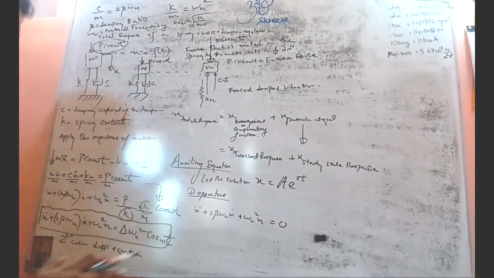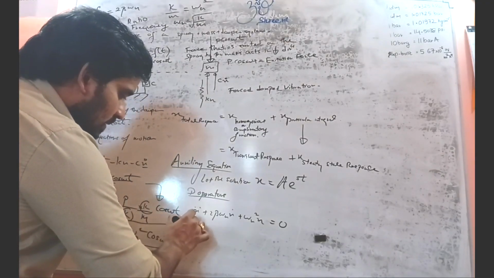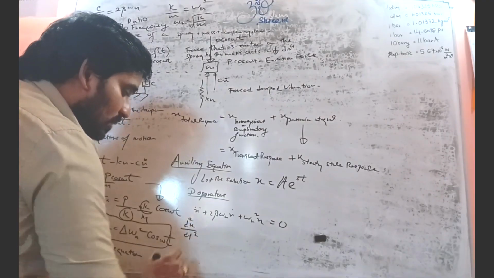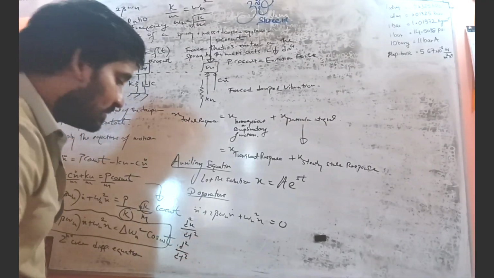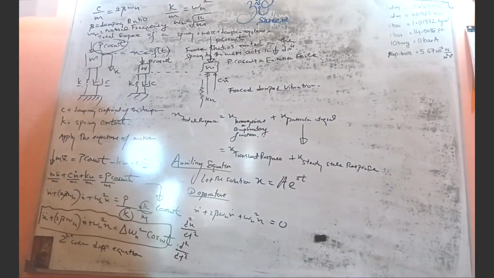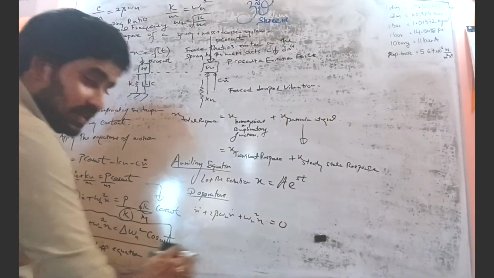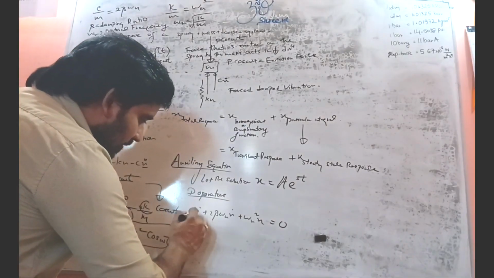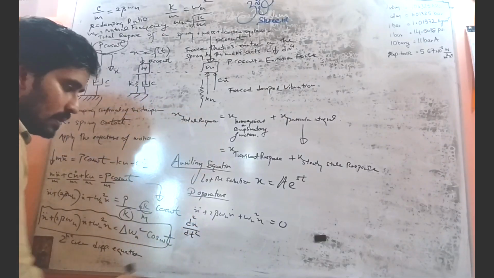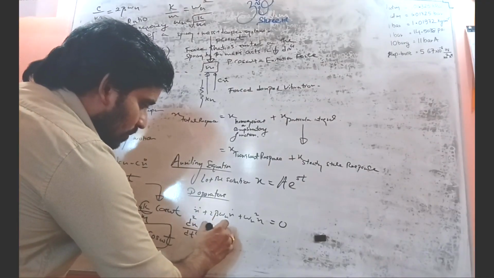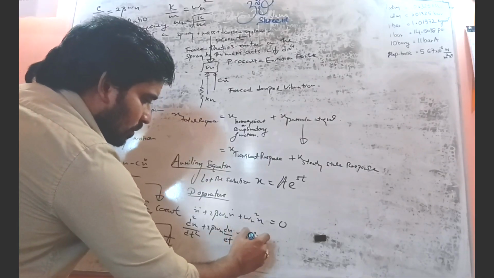The auxiliary equation. So what is x double dot? This is d2x by dt2, because this is an operator, d squared by dt squared. This is an operator you cannot separate. So now we can write this in this format, d2x divided by dt2, plus 2 beta omega n dx by dt, omega n squared x equals 0.